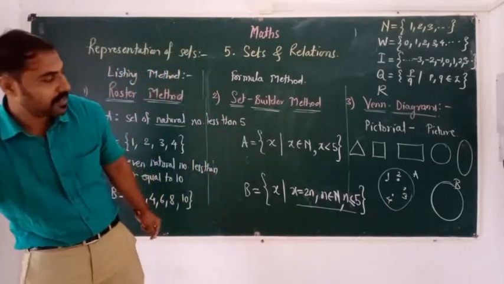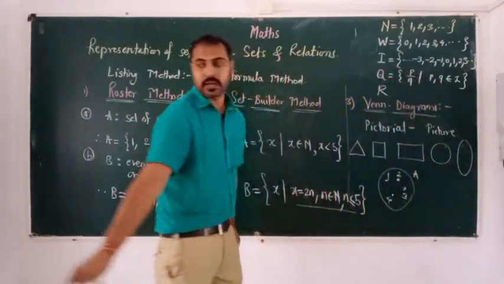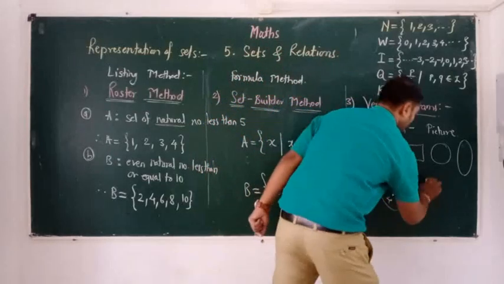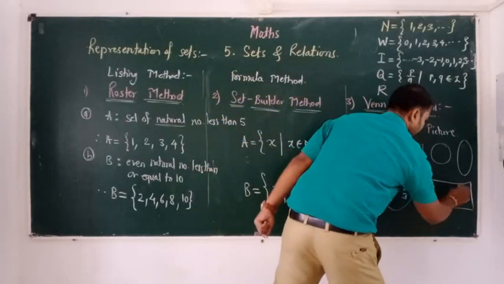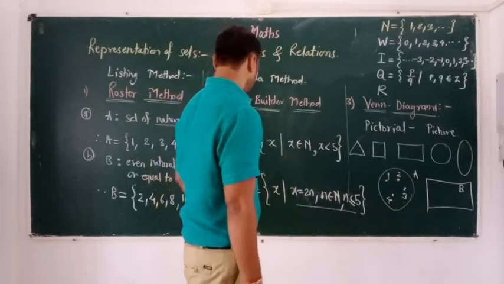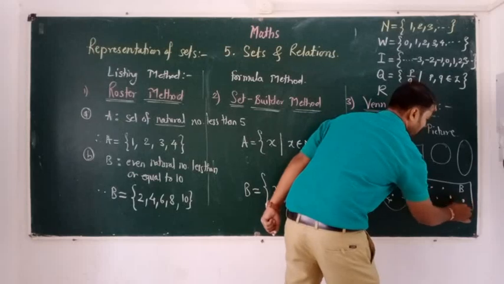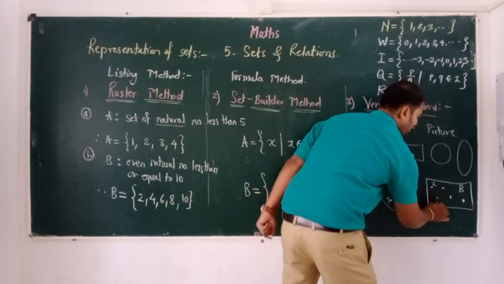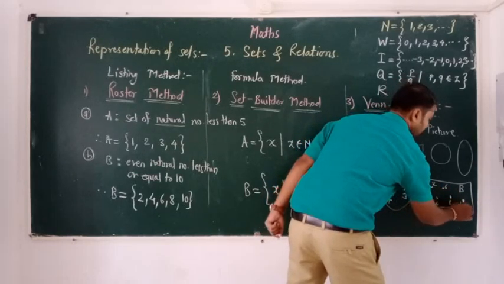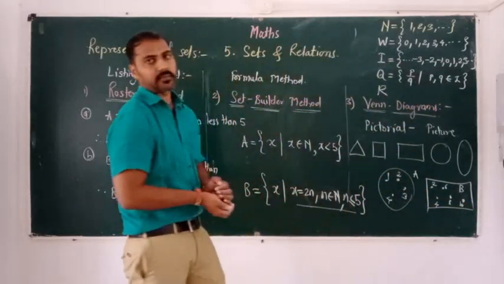I use another closed geometrical figure, a rectangle, to represent set B. Set B has elements 2, 4, 6, 8, 10. So I plot 5 dots: 2, 4, 6, 8, 10. This type of representation is called a Venn diagram.